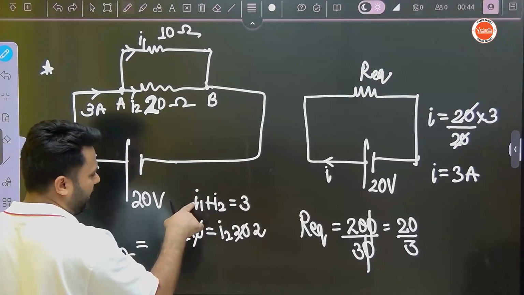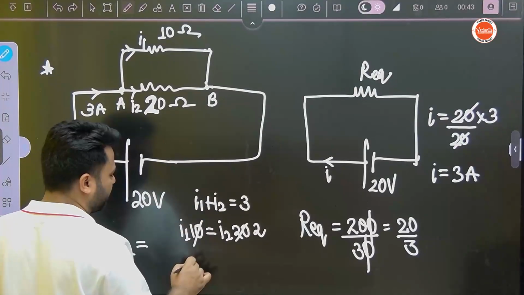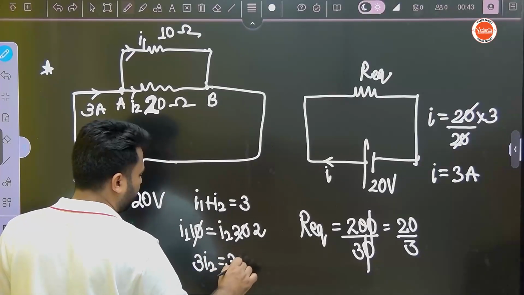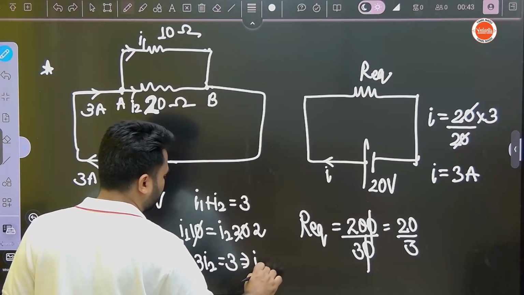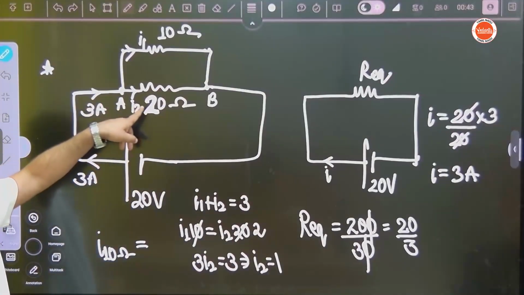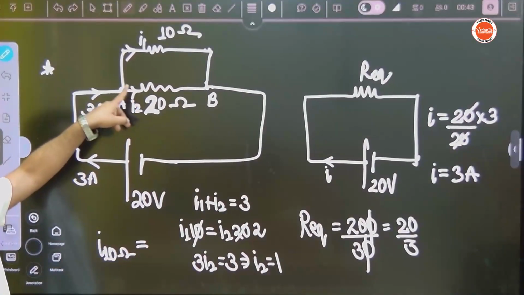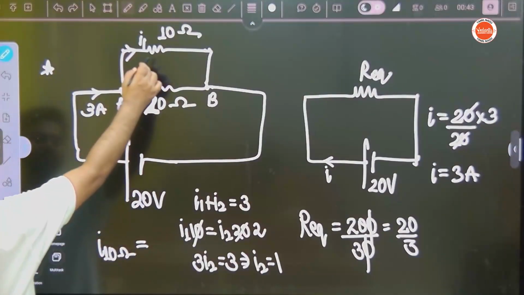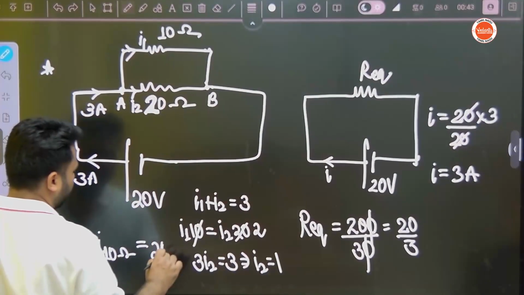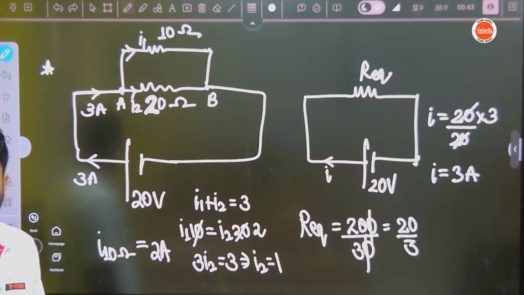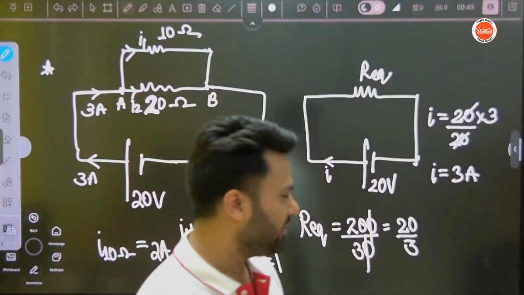You replace here, 2 I2 plus I2, that is 3 I2. 3 I2 equals to 3. This implies I2 equals to 1. Means current here will be 1. And if current here is 1, how much current will be there? 2. So current through 10 ohm will be 2 ampere. Simple. Correct.